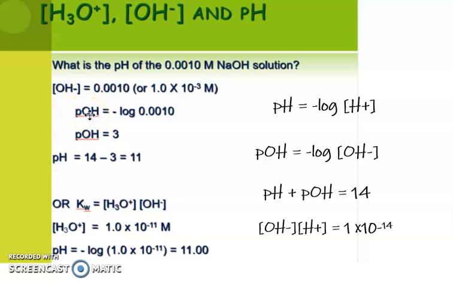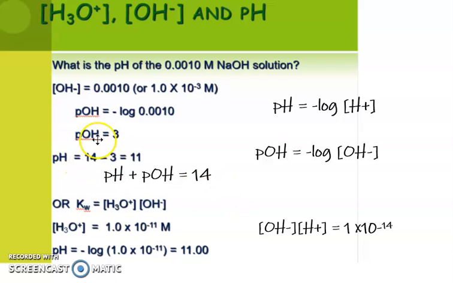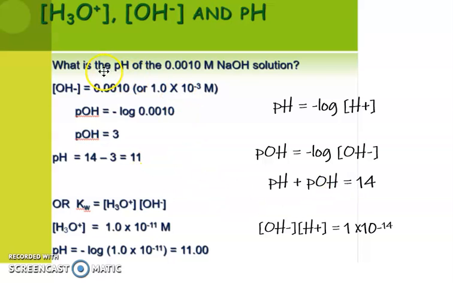Okay, so let's go ahead and do that so that we figure out this guy, pOH of 3. Then what is our relationship between pOH and pH? It would be this 14 right here. So you subtract your pOH from 14 and you get 11. Okay, that's one way of doing it. Recognize this one too.